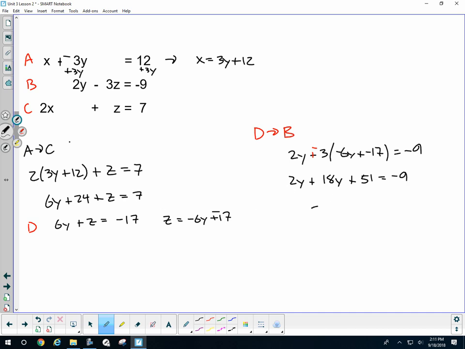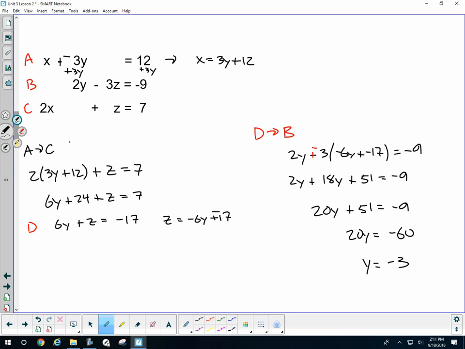Same side combined. I'll subtract the 51 or add -51, giving me -60. Well, y is just -3.